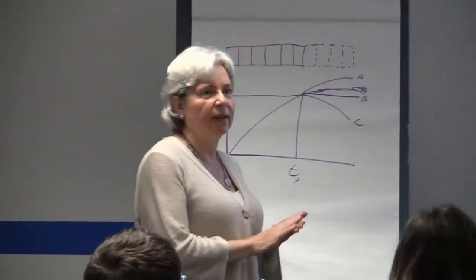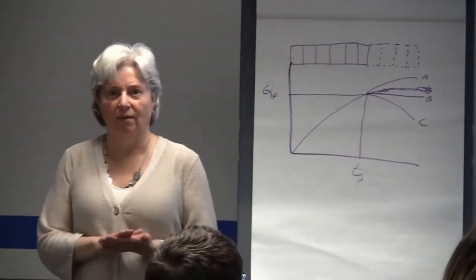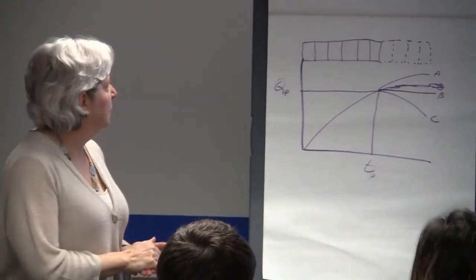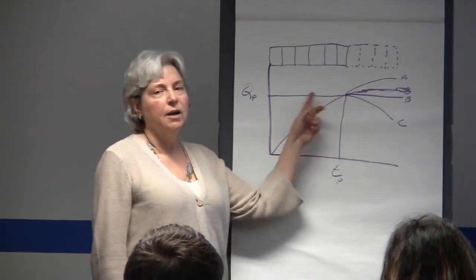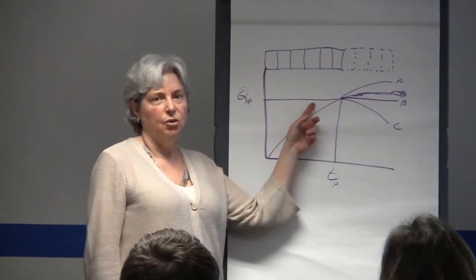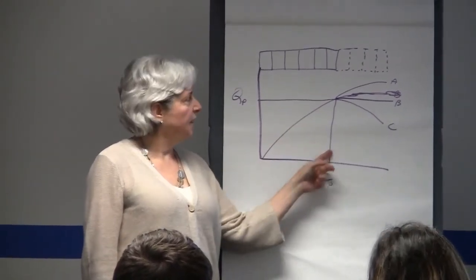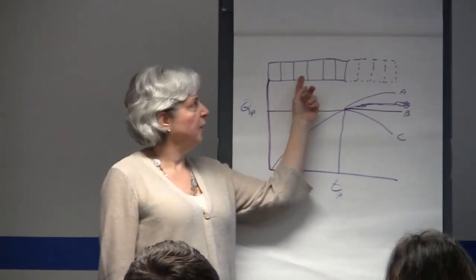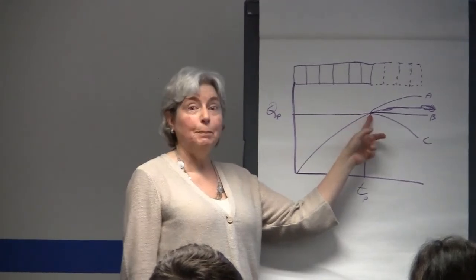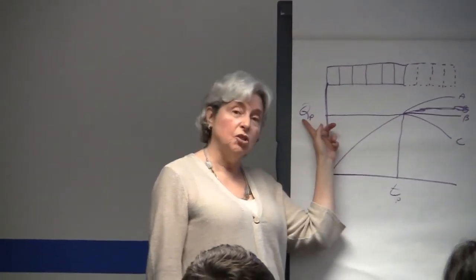Okay, remember the assumption in the rational method. We said that the peak occurs when the entire watershed is contributing. That's the time to peak. So if you have the same rainfall intensity at the time to peak, it's your peak discharge.